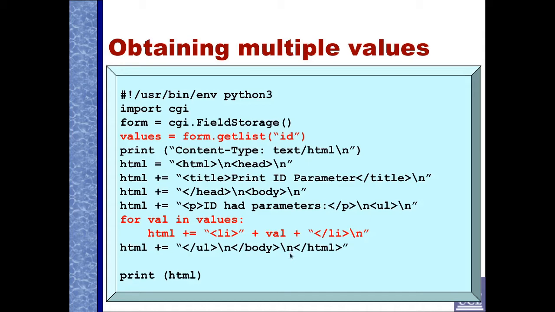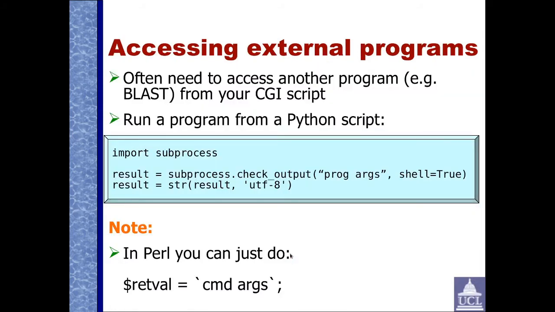Now, one of the things that you very often need to do from a CGI script is to access and run some other program. Now, there are various ways of doing this from within a Python script, and to my mind none of them is really simple and ideal.